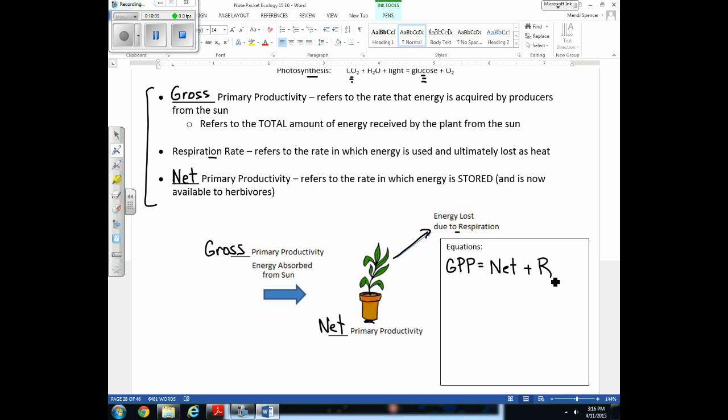So if they give you gross and they give you net, then you should be able to determine what was lost due to respiration. So to solve for respiration, you subtract net from both sides. Then if you take gross primary productivity and subtract the net, you're able to determine the amount of energy that was lost due to respiration.